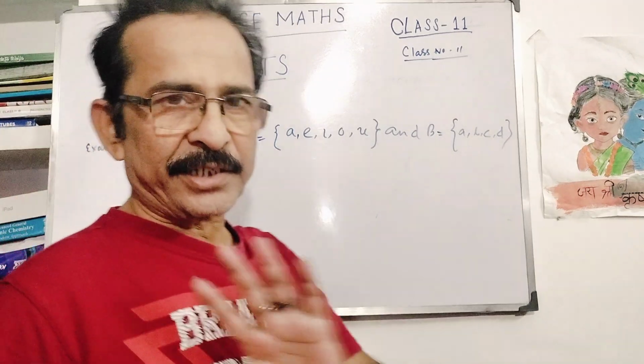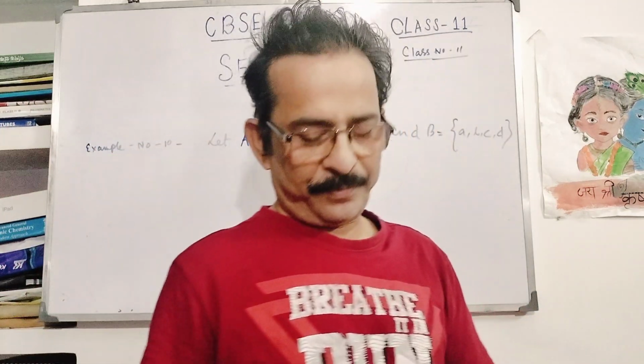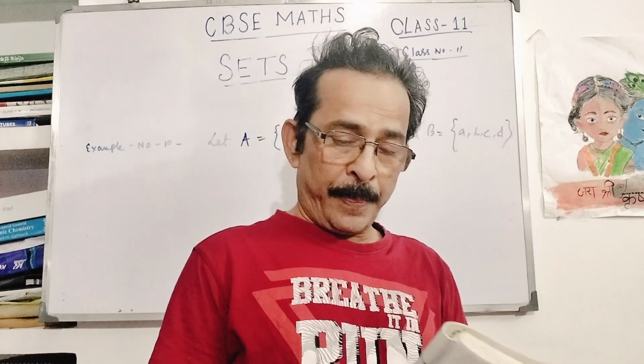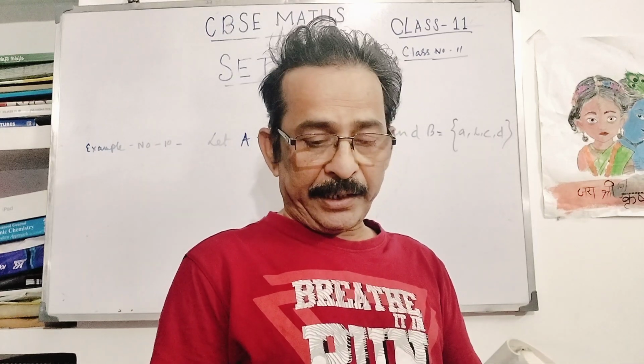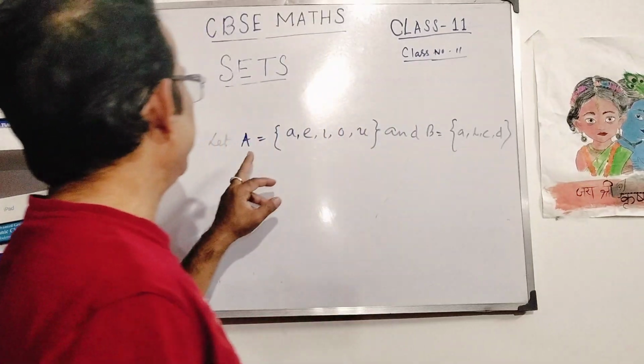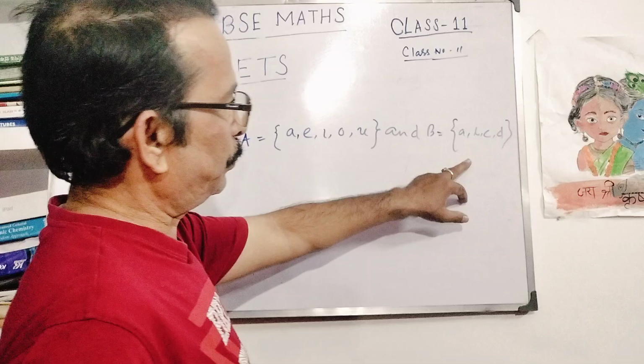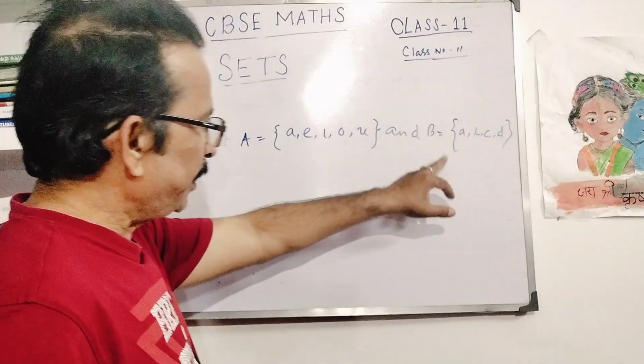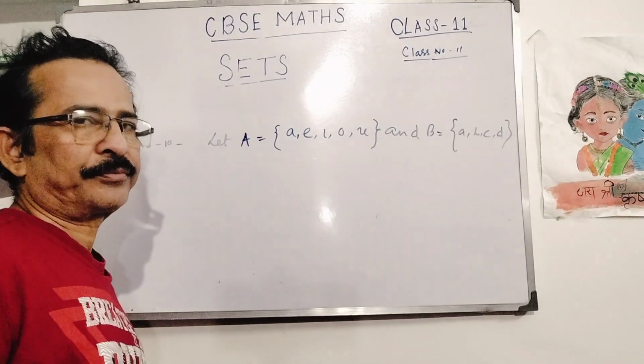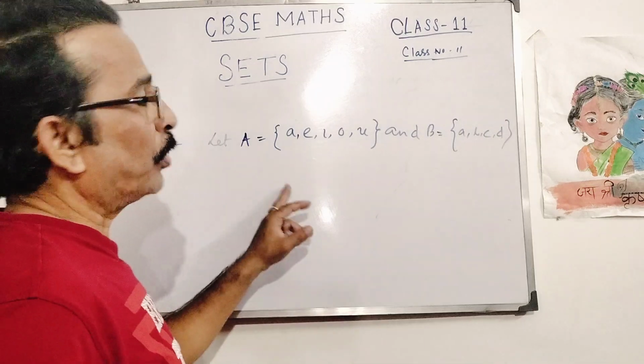Are these similar or not? The question is: is A a subset of B, or is B a subset of A? If not, why?